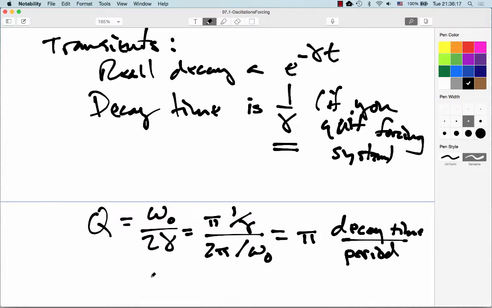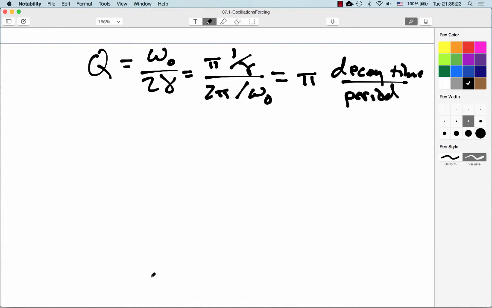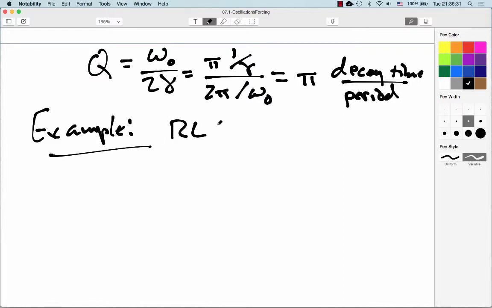All right, that was a pretty tough slog through there. So let's just go and visit a hopefully familiar example. The RLC circuit. So even though this isn't a mass on a spring, the math is the same, so no reason not to.